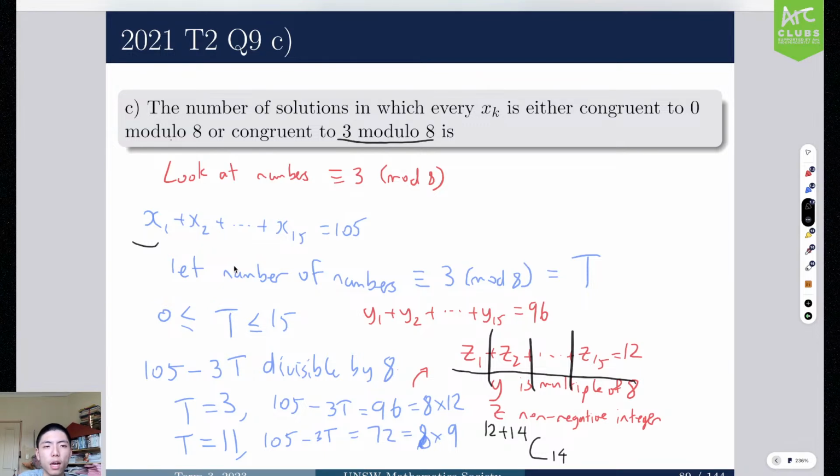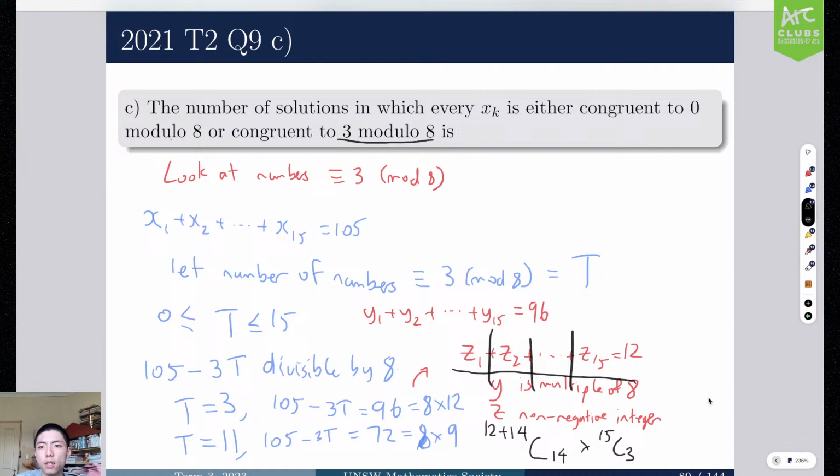Because we have 15 numbers, all we need to do is multiply by 15 choose 3 for this particular case, because we have 3 numbers that are congruent to 3 mod 8. We're splitting 12, with 14 dividers, 14 spaces, and then 15 numbers. We choose 3 of them to satisfy the 3 mod 8 condition.